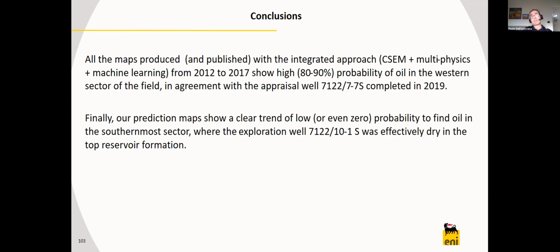They can confuse the interpretation. But when you use also seismic data and possibly gravity data, if you have, with the support of machine learning, you can improve a lot the reliability of your interpretation.